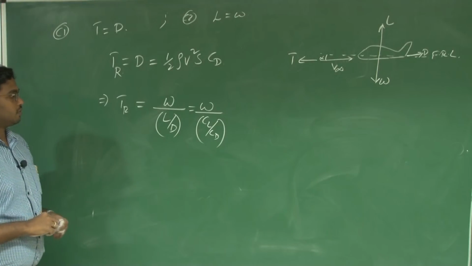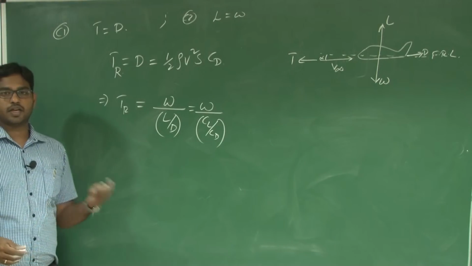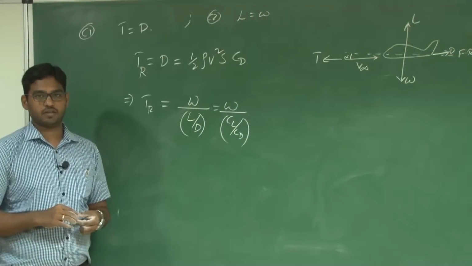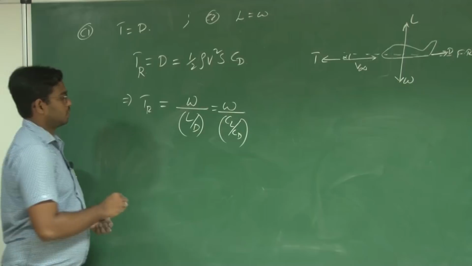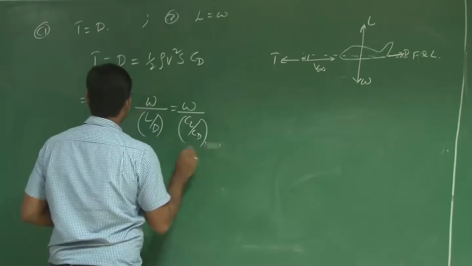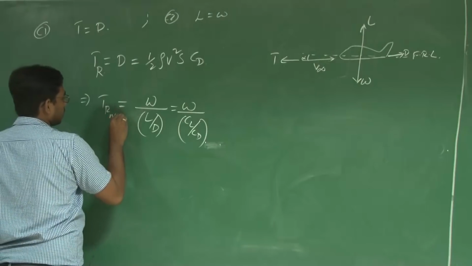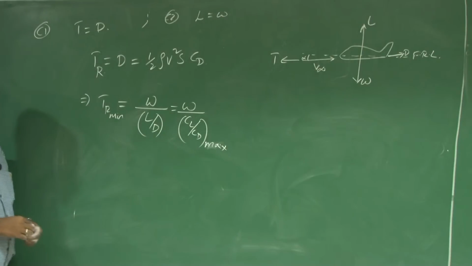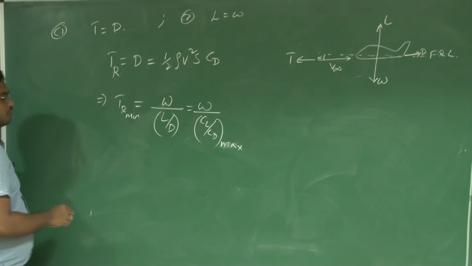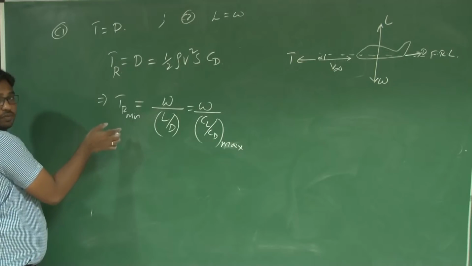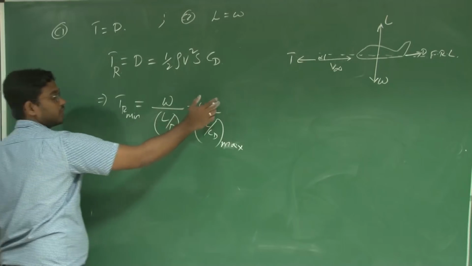Now, what should be the minimum thrust that the aircraft has to produce so that you can still have a level flight? The minimum thrust required corresponds to the maximum L by D. So if you have this L by D maximum, you can get the corresponding minimum thrust required for this particular UAV of weight W.